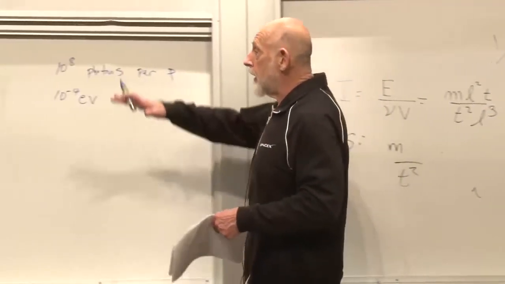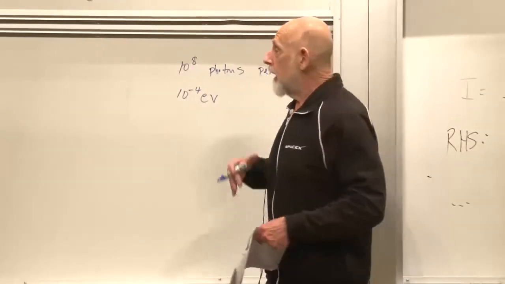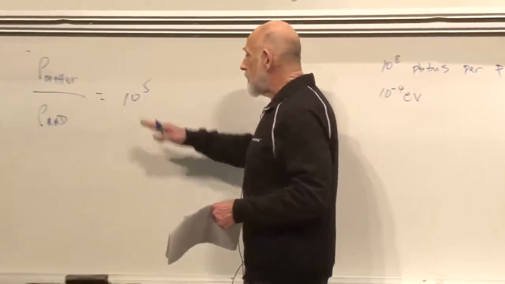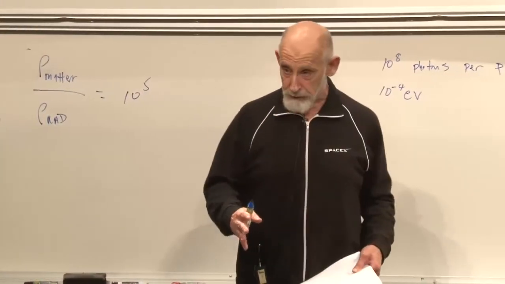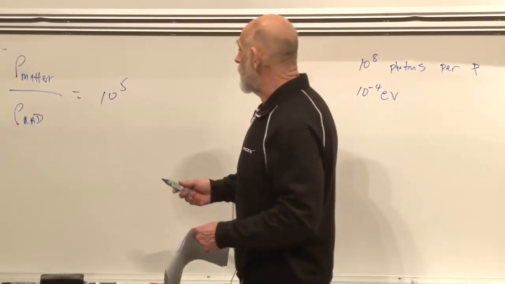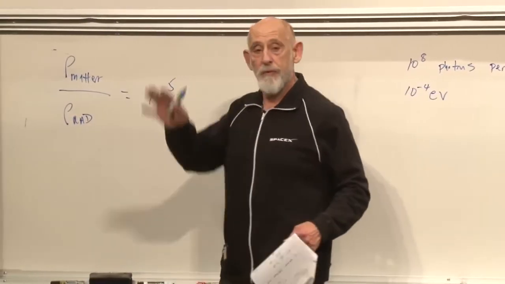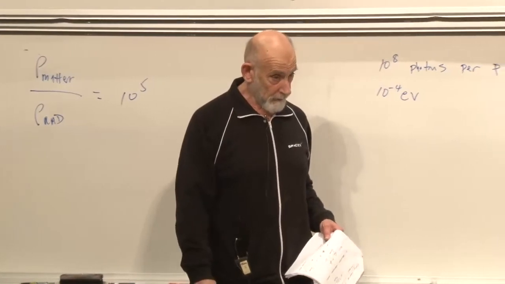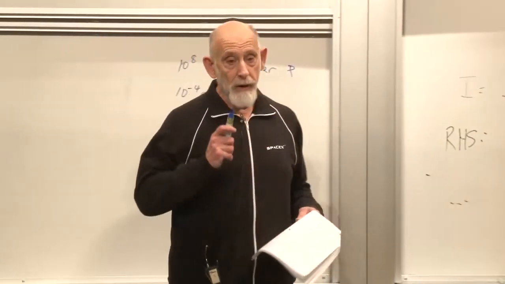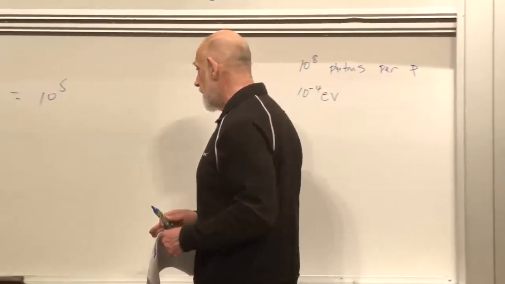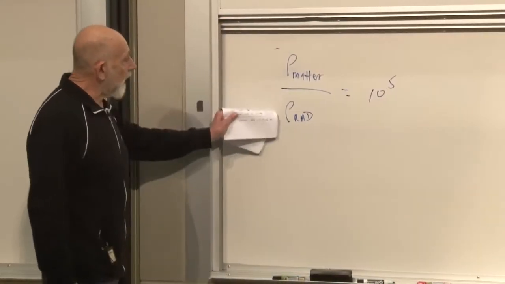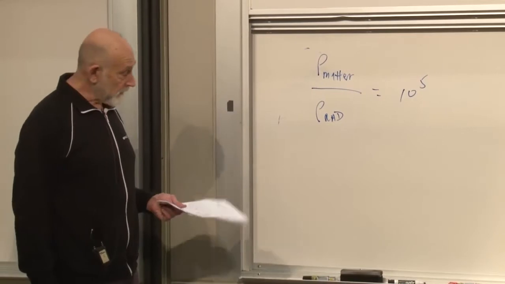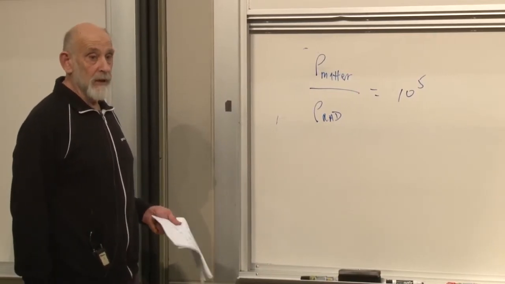Okay, now, how did it behave in the past? In the past, as we extrapolate backward, rho matter scales with 3 powers of the scale factor, whereas rho radiation scales with 4 factors of the scale factor. That means the ratio in time scaled like 1 factor of the scale factor.